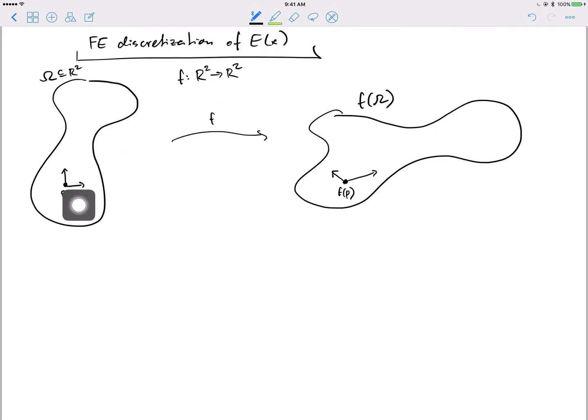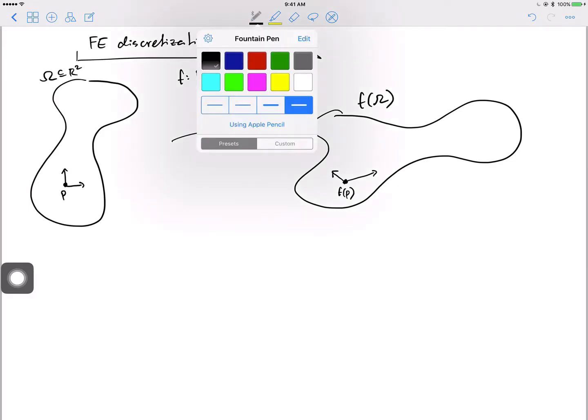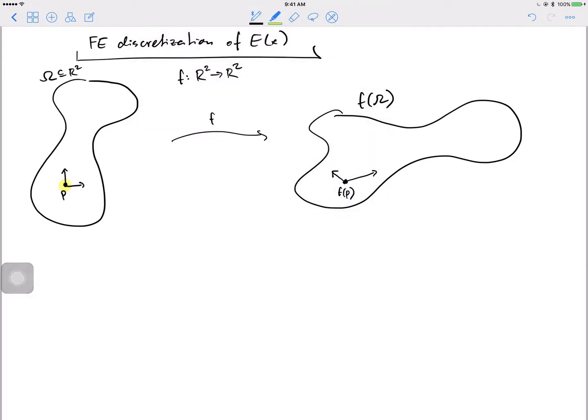So a question for you: what is the mathematical tool to measure or capture the deformation in a small, infinitesimal neighborhood of this point p that gets mapped to some infinitesimal neighborhood here? There is some distortion depending on how much you stretch it. If this was just translated, there would be no distortion at all.